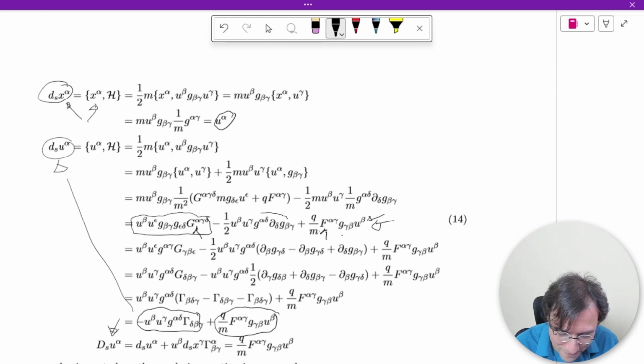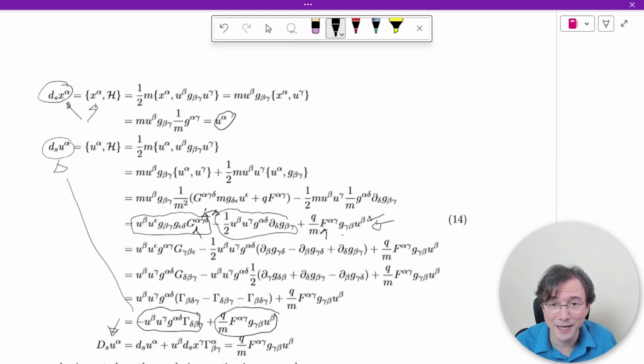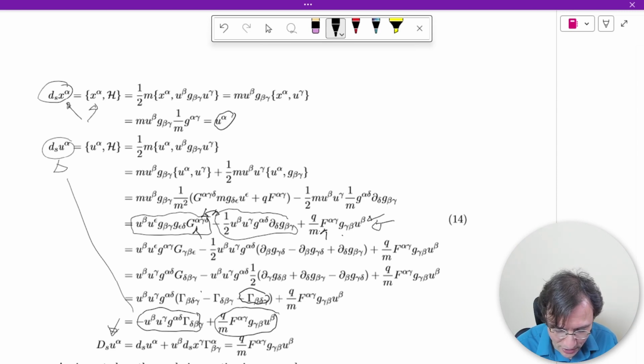But then we also have this other term here, and put together they give you a Christoffel symbol. That happens because this expression, if you do some math, is equivalent to one Christoffel symbol, and this is the difference between two Christoffel symbols, so these two go away and you get only one.